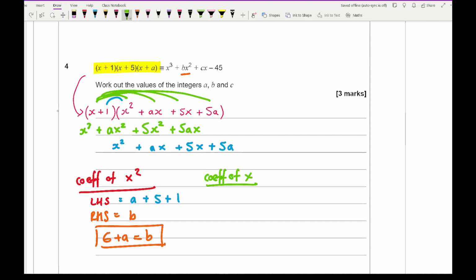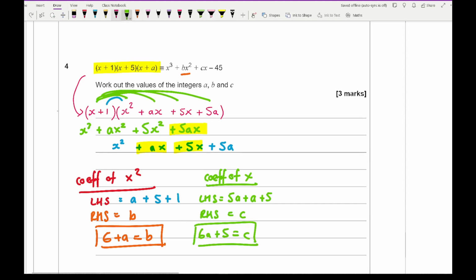So there we go, I think that's right. So then comparing the things with coefficients of x, so I'm looking for things that have got a single x. Well, that's got a single x, that's got a single x, and that's got a single x. So on the left hand side, I've got 5a plus 5, and on the right hand side, I've got c. So that then simplifies to give me 6a plus 5 equals c.